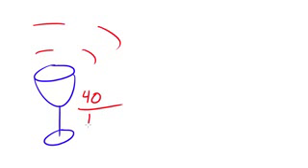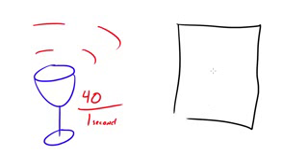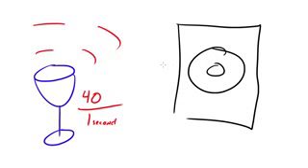So they took a wine glass and tapped it, heard the sound coming from it, and found out that this was basically its natural frequency. So we'll say 40 cycles per second. Close enough. What they did then is they got another sound source, such as a speaker. Let's see how good I can draw a speaker. Not that bad.